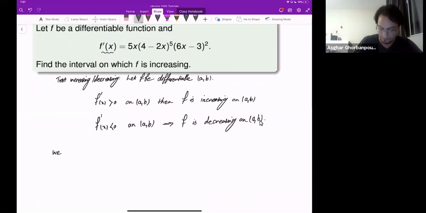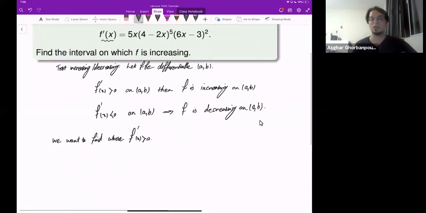So we want to find for what values of x, f prime x is positive. And for solving inequalities like this, there is a universal way, by finding the sign table.